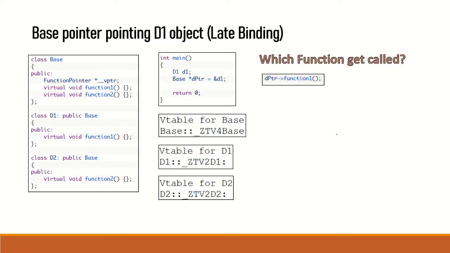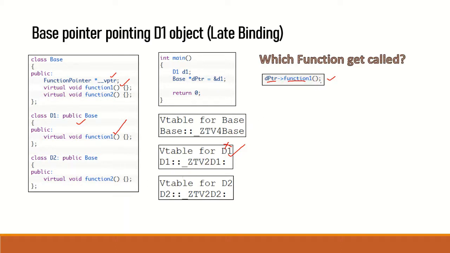We'll try to call this function now using dptr. The VPTR of D1 is holding the address of the D1 virtual table. So now it is calling function 1 using dptr. There are two versions of function 1, one of base and one of D1, and we need to understand which function gets called.